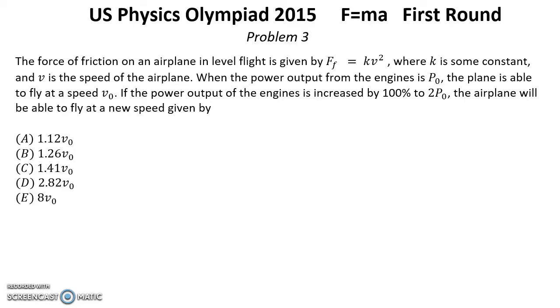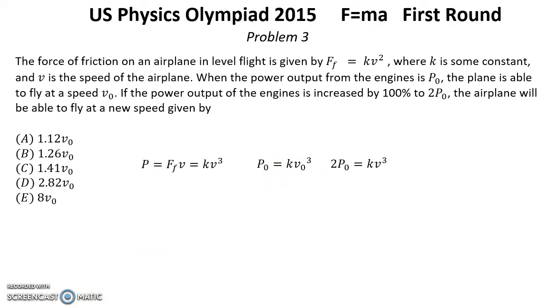Solution. Here we can write the expression for power. For flying with a constant speed, power must be equal to force multiplied by speed, which is kV cube. It means that P0 equals kV0 cube.